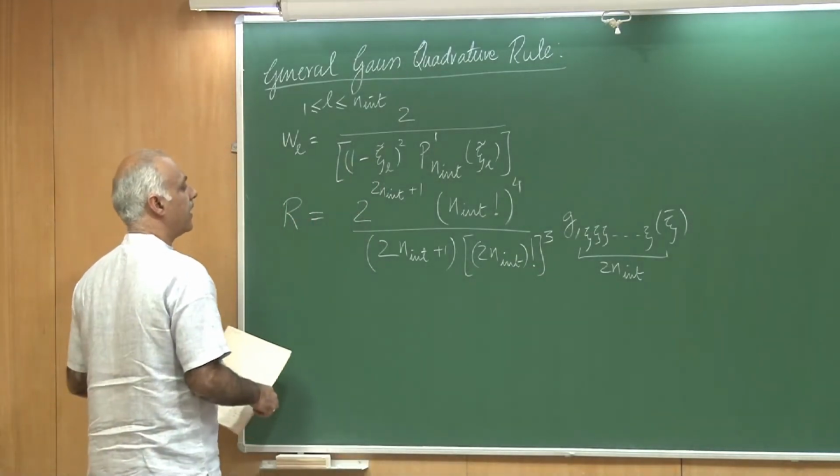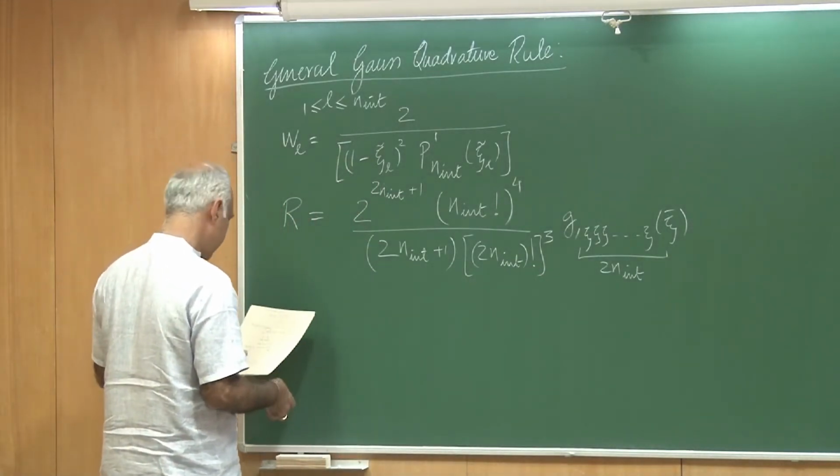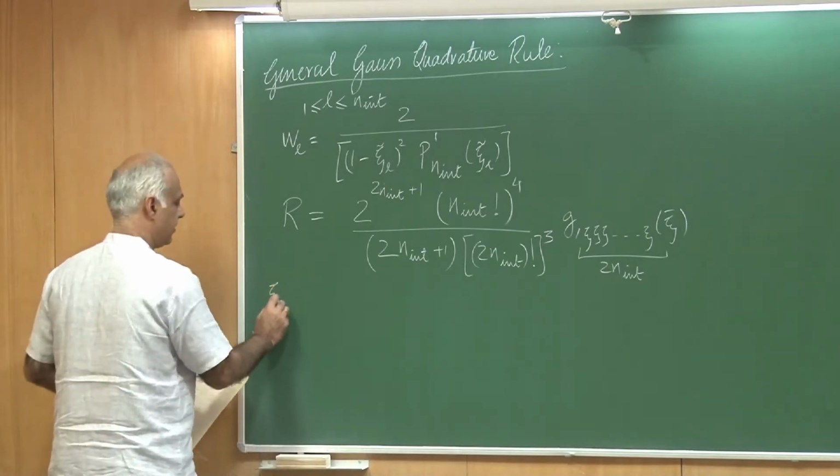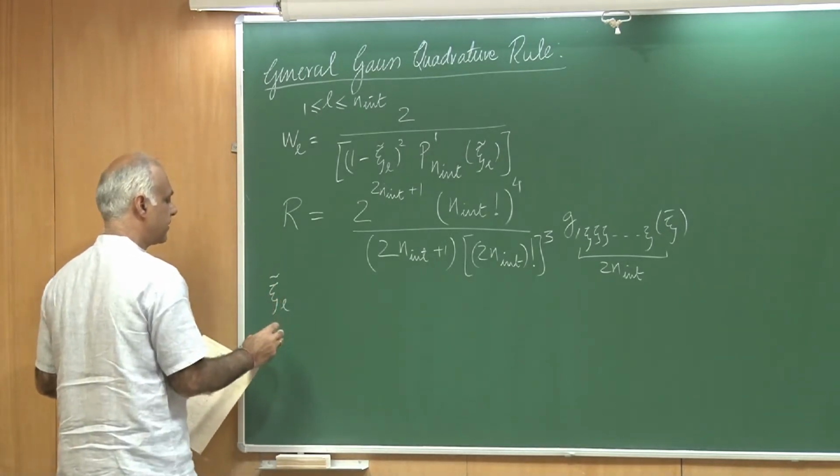What about xi L tilde? These are the quadrature points themselves.